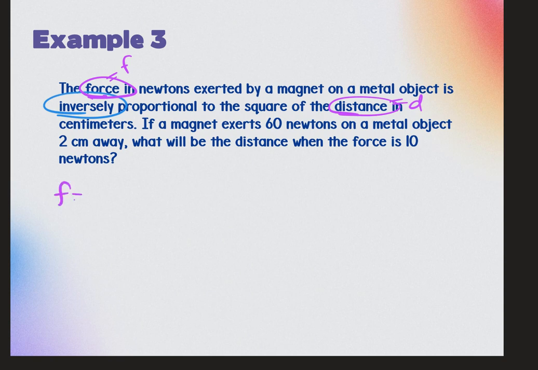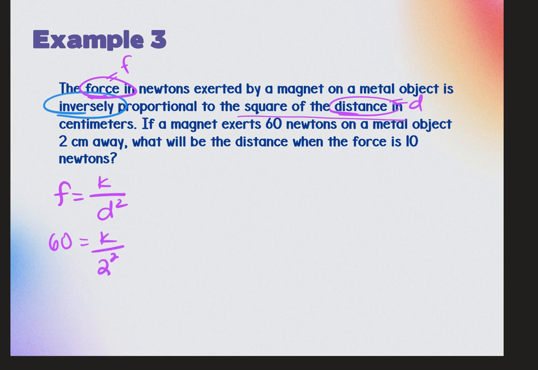So the force is inversely, means whatever's after this is coming under K. The force is equal to K over the square of the distance, so D squared. K is like a constant. K will always be your constant. And we're going to solve for K first, and then we set up our equation. So it says if a magnet exerts 60 newtons, so that's my force, 60 equals, on a metal object 2 centimeters away, 2 is my distance.